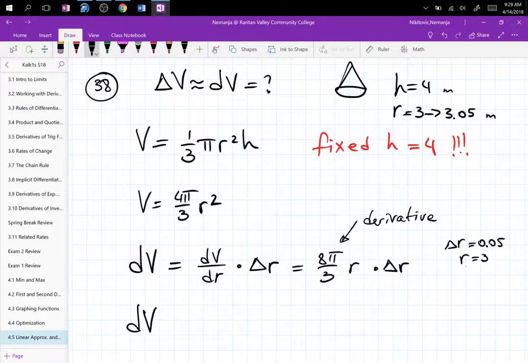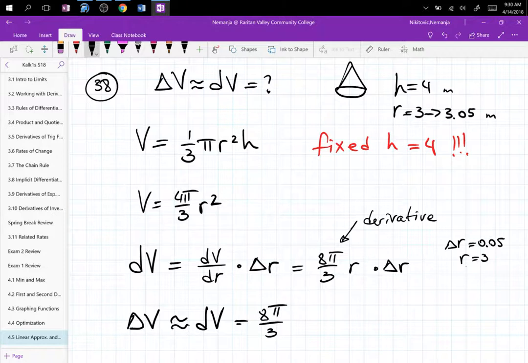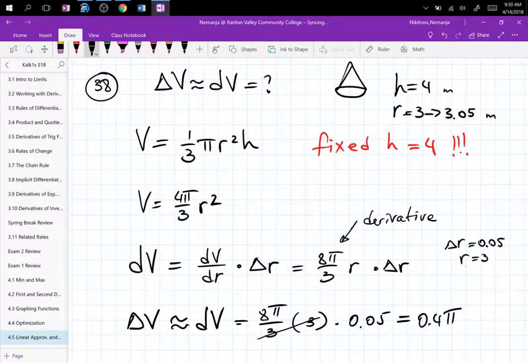Delta V is approximated by dV, which is equal to 8 pi over 3 times r, which is 3, times 0.05. The 3's cancel. 8 times 5 is 40, so 0.4 pi.